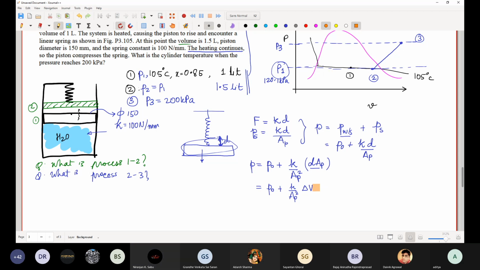Yes, sir. All right. So with that in mind, we can write this down as P naught plus K over A_P squared times the final volume V minus the volume where the spring is not compressed at all. Let's just call it V without spring.